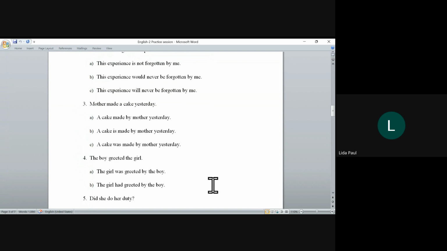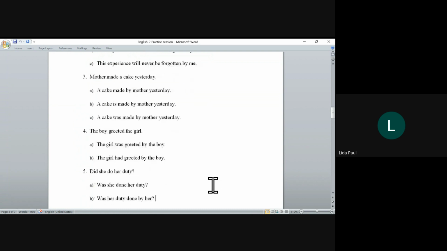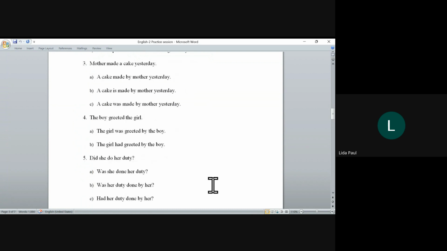Well, look at the sentence. The sentence is in simple past tense. Cake was made, option C. Okay. Fourth one, the boy greeted the girl. The girl was greeted by the boy. Correct, option A.